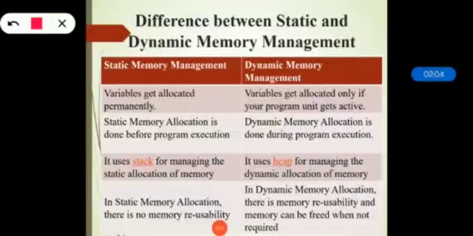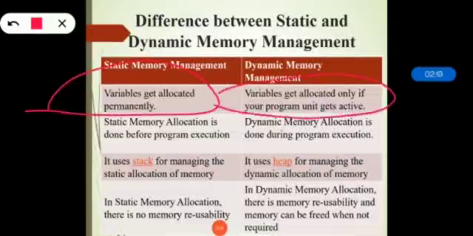So the difference is that in static memory management the variables are allocated permanently, but in dynamic memory we are allocating the memory as per requirement, and because of that the variables get allocated only if your program unit gets active. The static memory allocation is done before program execution, as I said, and dynamic memory allocation is done during the program execution, that is, at runtime.